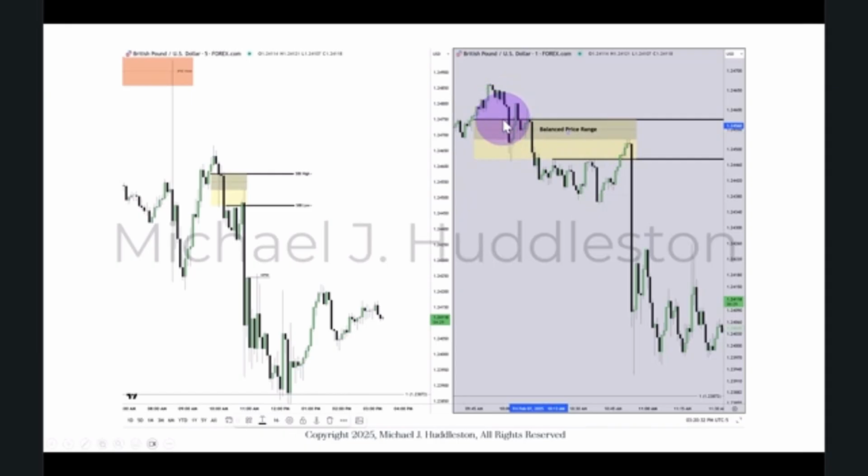This back and forth price action in the upper half is a balanced price range. What makes it balanced? The fact that we're in the upper half of a bearish fair value gap. If you see back and forth price delivery there, that is not inefficient. This drop down from the middle of the shaded area, this single candlestick right there, is not inefficient price delivery.